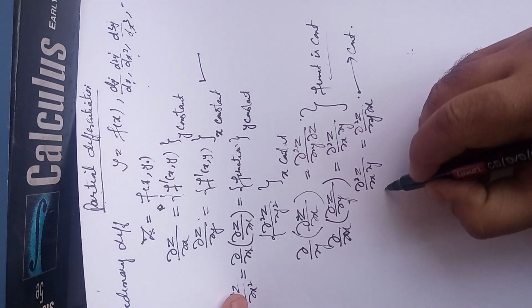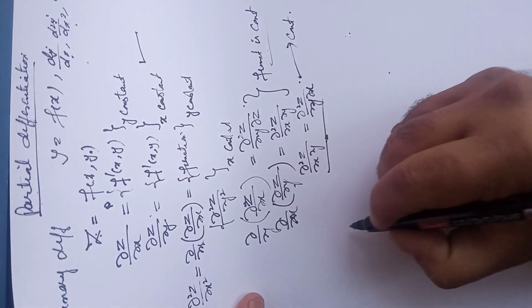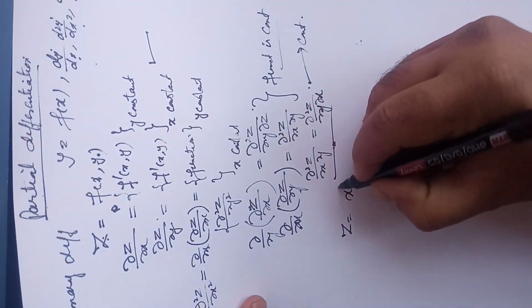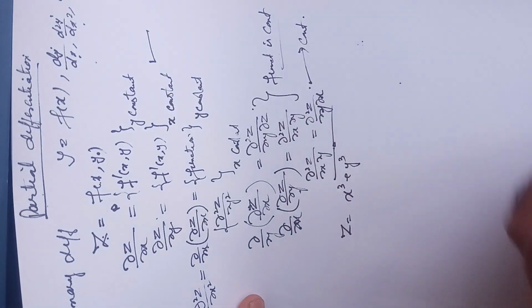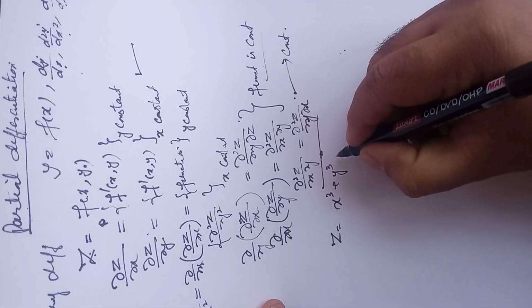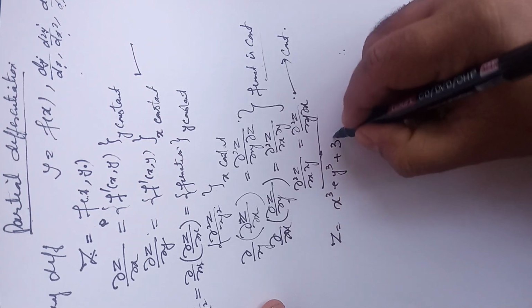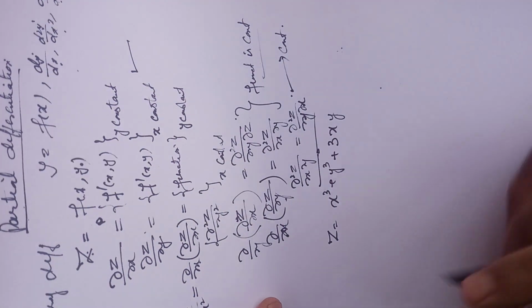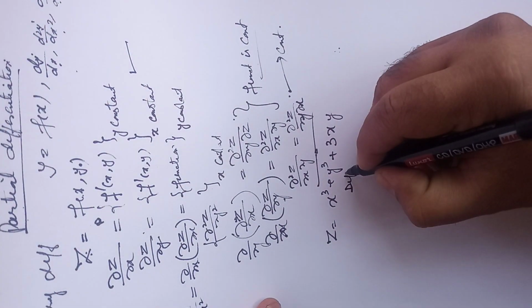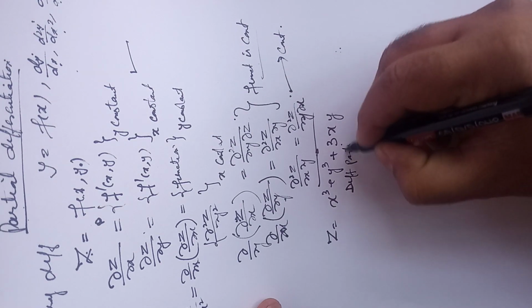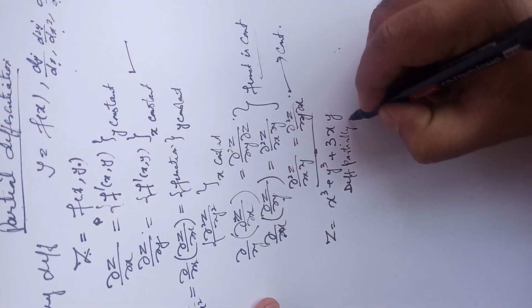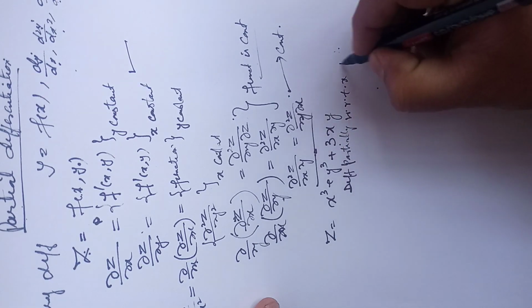For example, if your z is x cube plus y cube. See, this is very easy. And let me write 3xy also. Let me differentiate partially with respect to x and y.